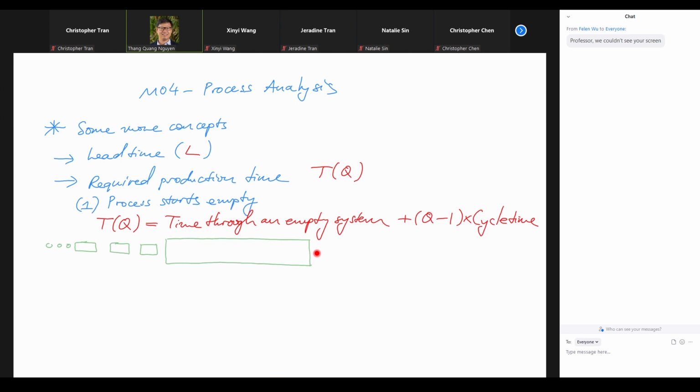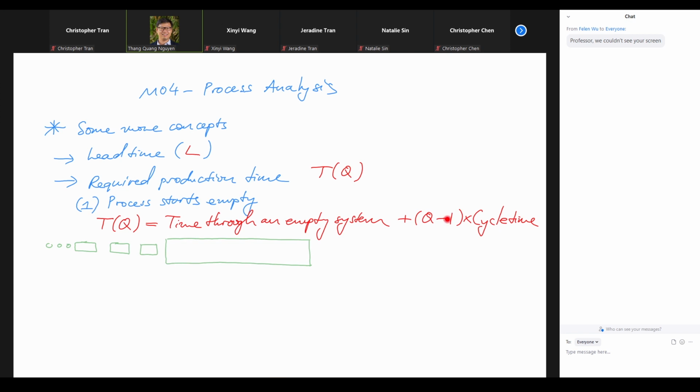So to do that, we look at the first pizza right here. We need to calculate how long it takes for the first pizza to start the process and then exit the process, right? So that's why we have the first term right here, time through an empty system. That's the time for the first pizza to go through the whole process, where in front of it there are no other units, right? So we call it time through an empty system. That's the time for the first unit to go through.